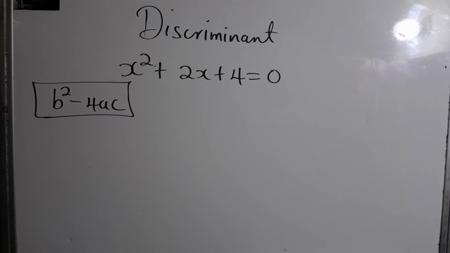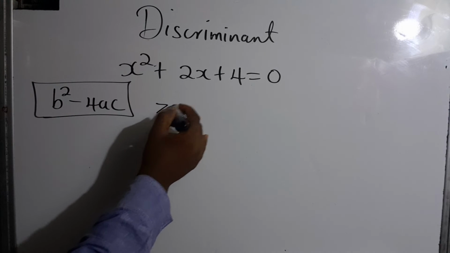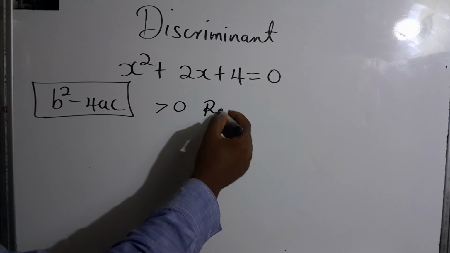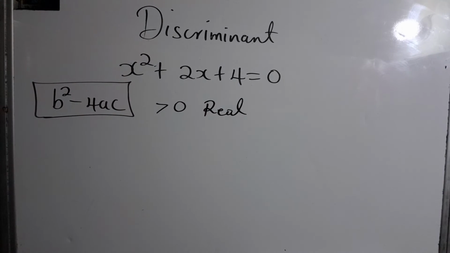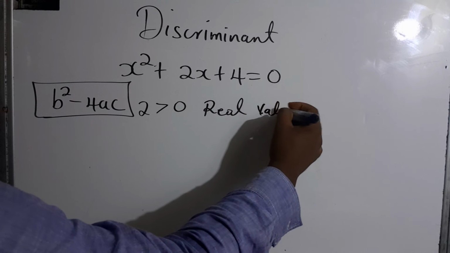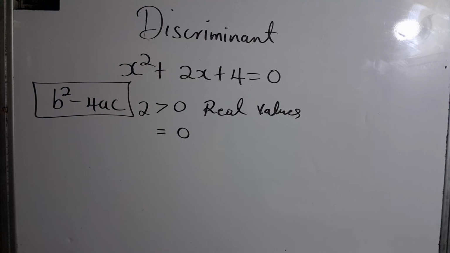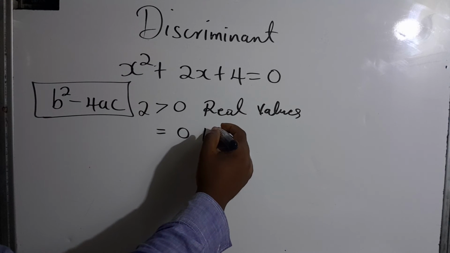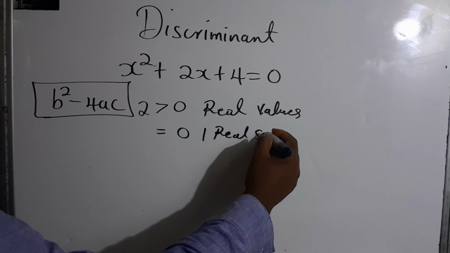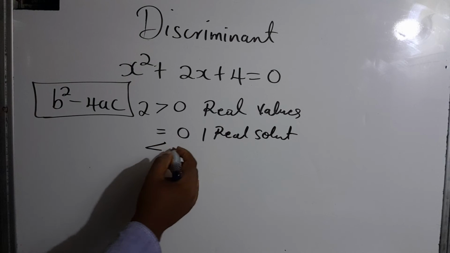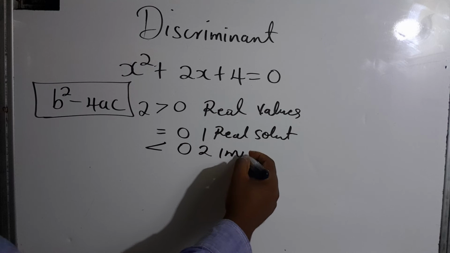If the discriminant is greater than 0, we have two real solutions. If it's exactly equal to 0, we have one real solution. And of course, if it's less than 0, we have two imaginary solutions.